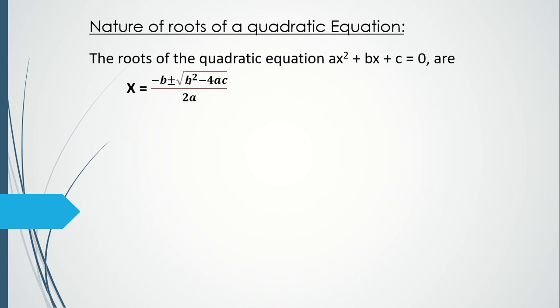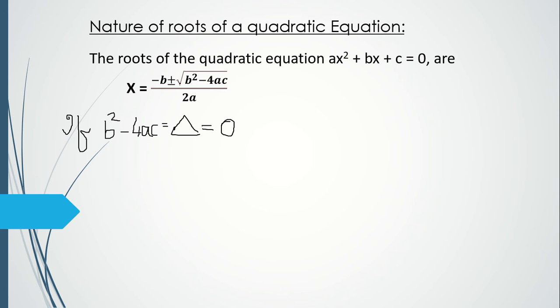In place of b square minus 4ac, I will just use delta for it. One time I will write b square minus 4ac, and everywhere else let me write delta, because b square minus 4ac is denoted by this triangle, which is the Greek alphabet called delta. If this delta, or b square minus 4ac, is 0, then see what happens.